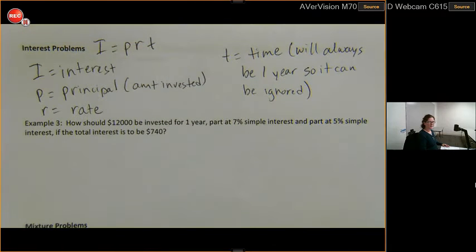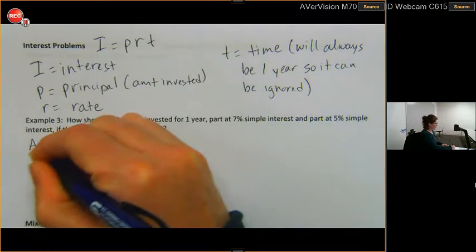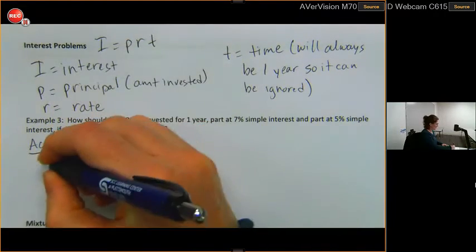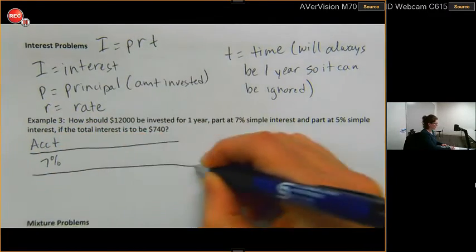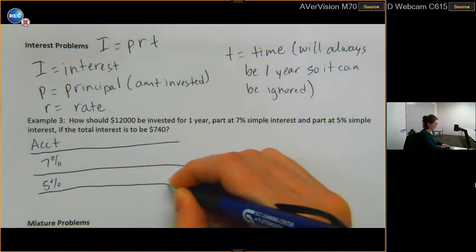So in our example with interest problems, we're going to again use a table, and we're going to list our different accounts. We have a 7% account and a 5% account.